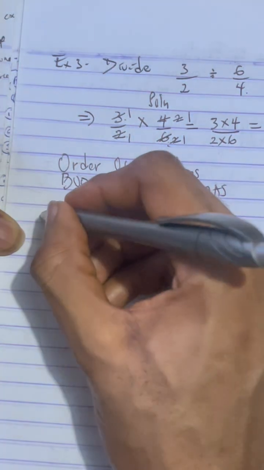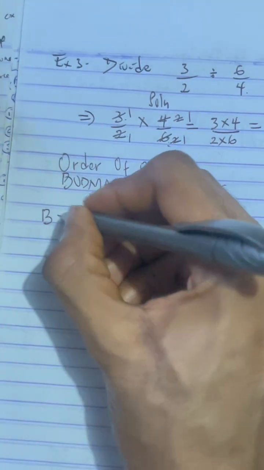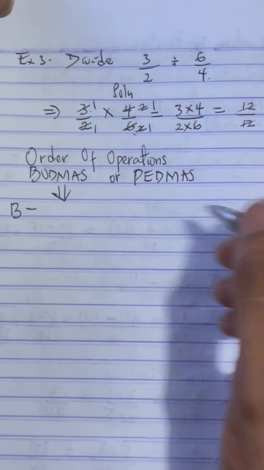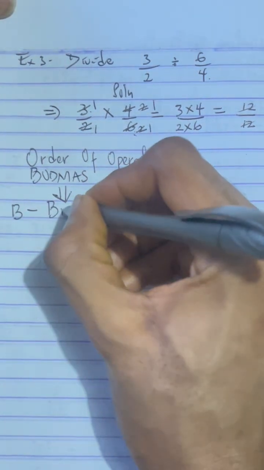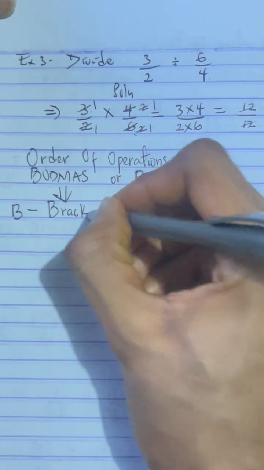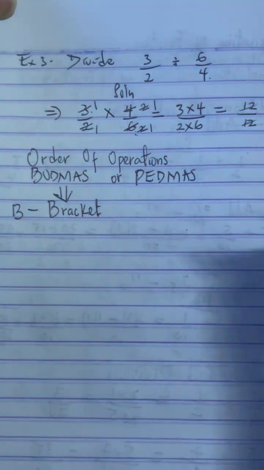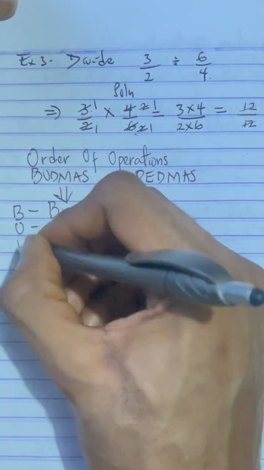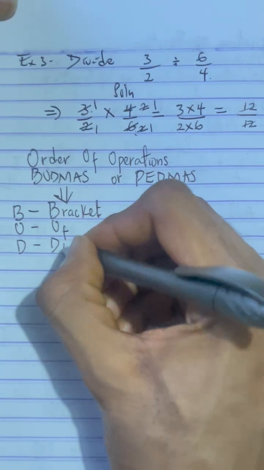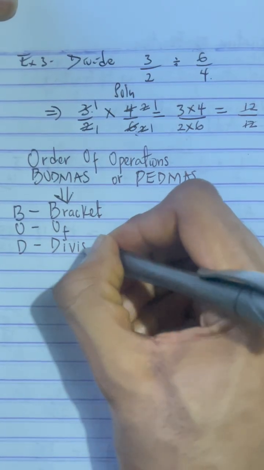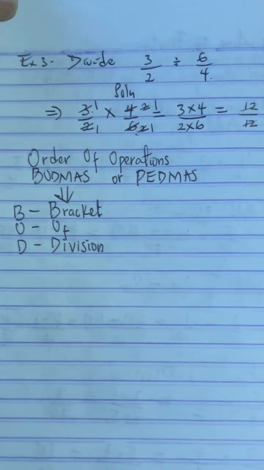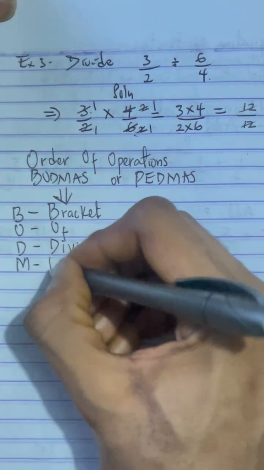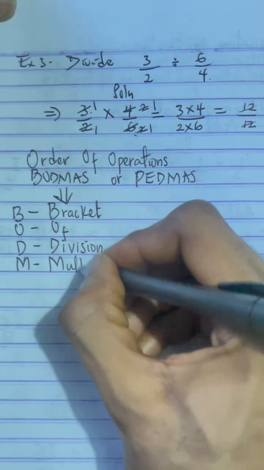For BODMAS now, the B stands for brackets. The O stands for of. The D stands for division. The M stands for multiplication.